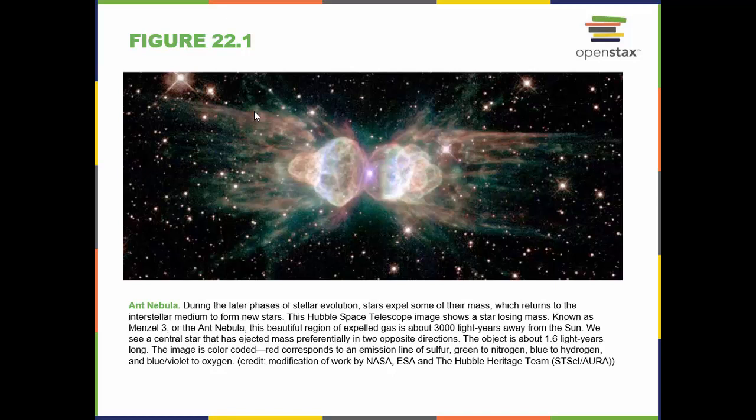And the image is color-coded, and red corresponds to emission lines of sulfur, green to nitrogen lines, blue to hydrogen lines, and blue-violet to oxygen. So we can tell what these clouds are made out of.